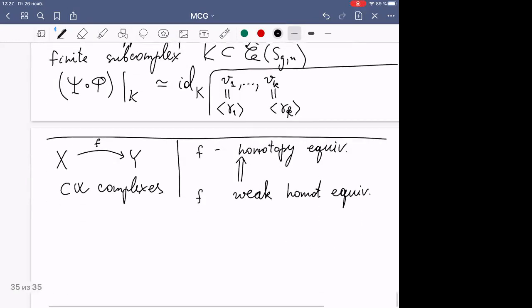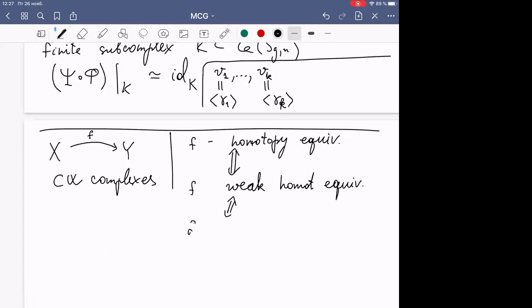And this means that F induces isomorphisms in homotopy groups.